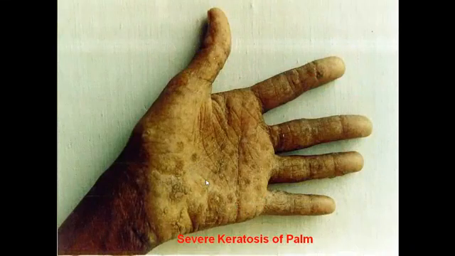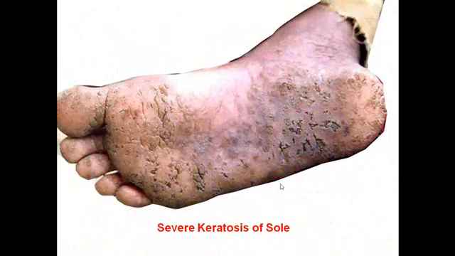This is one kind of severe keratosis of the palm, and you will see that this is one very big patch, and definitely it is more than 5 millimeters in diameter. This is called severe keratosis of the palm. In another picture of the sole, you will see very widespread lesions spreading over almost all the sole of this patient.